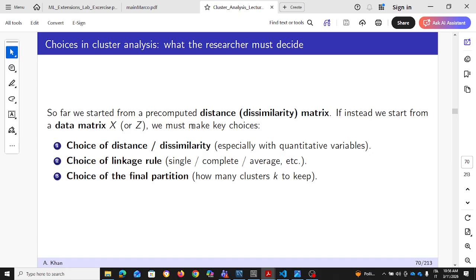Then the next choice is, what's the linkage mode we want to use? Single linkage, complete, or average linkage? We remember from yesterday, if we choose any of these, the result will change. The dendrogram will change. We will have a different number of clusters. So based on this linkage rule, we have to make a choice for this. And then the final choice, how many clusters we want. Okay? So we should choose k, the number of clusters. So before approaching the problem, we should a priori decide these 3 things.